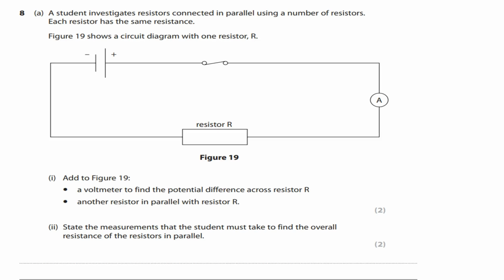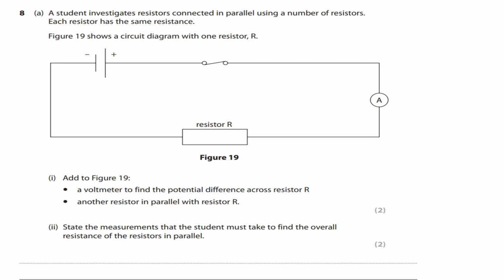So let's look at the last question for this video. It says a student investigates resistors connected in parallel using a number of resistors. Each resistor has the same resistance, and the figure shows a circuit diagram with one resistor.